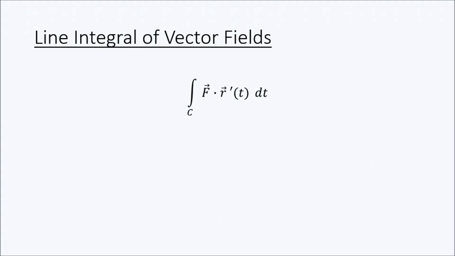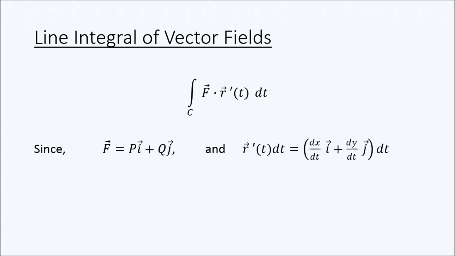Time for the other way that we write this. So in 2 dimensions, let's say our vector field is given by P i hat plus Q j hat. And then our vector function r is given by x i hat plus y j hat, which means r prime dt is actually going to be dx in the i hat direction, dy in the j hat direction. And we're computing the dot product. So we know how to compute dot products.